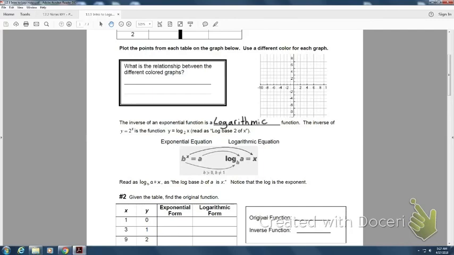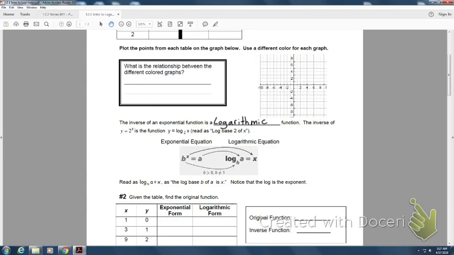The inverse of y equals 2 to the power of x is y equals log base 2 of x. Make sure that you memorize how to say that. Log base 2 of x. Okay?